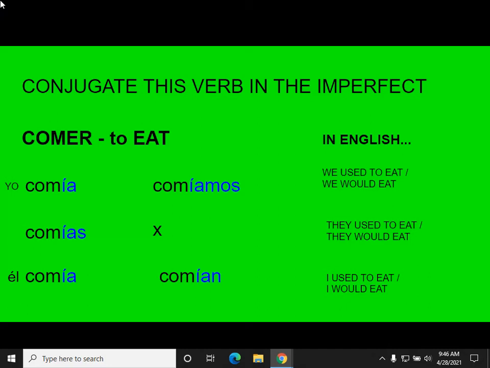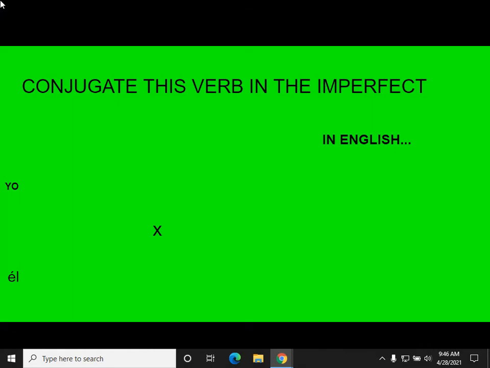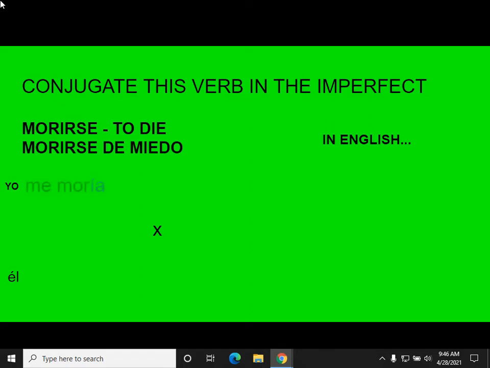Okay, the last one we're going to be using here is the verb morir and morirse. Sorry, we're going to add a se to ours, morirse. And that means to die of fright, morirse de miedo, to be scared to death, okay? And we'll want that phrase for our legend that we're going to tell later. So we have to add the me, te, se in front of it.